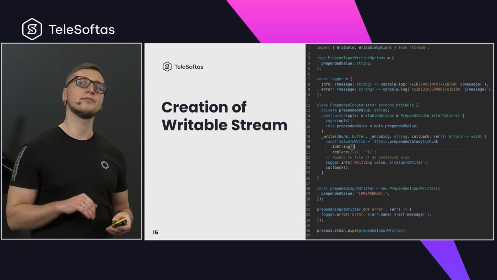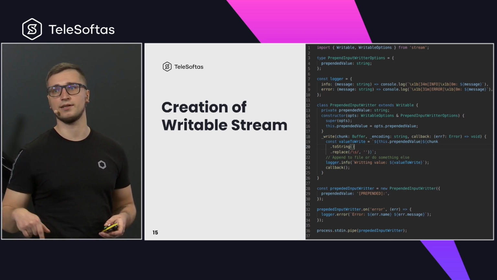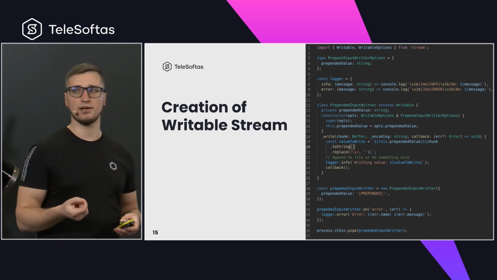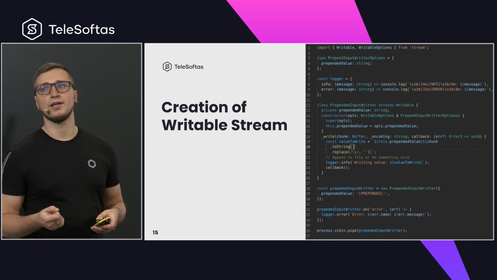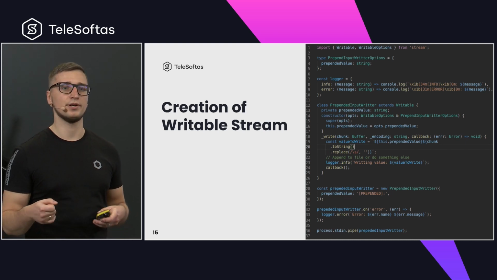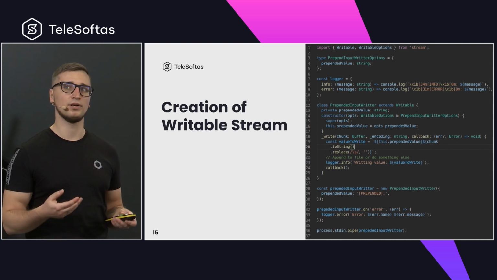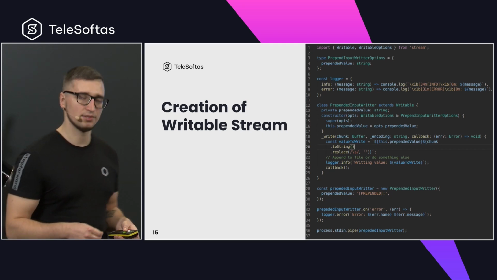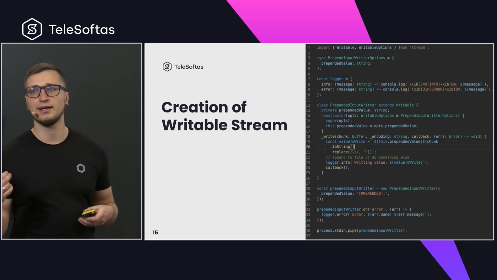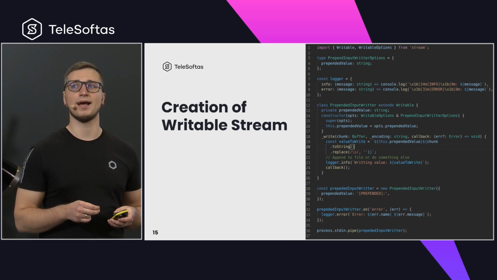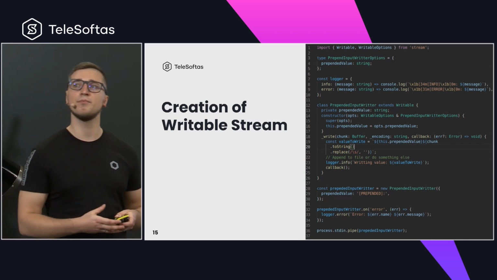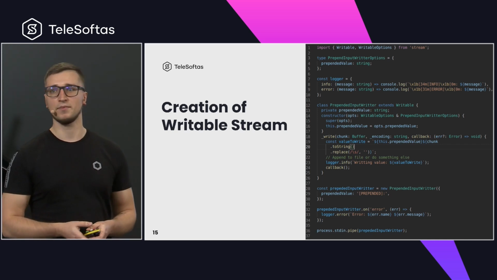We have an underscore write function, which has a property of chunk, which is a buffer. Also, it has an encoding, in case we are curious what type of encoding our writable stream is receiving. And as previously, we have a callback, which in case of error supports an error object, and it returns void.